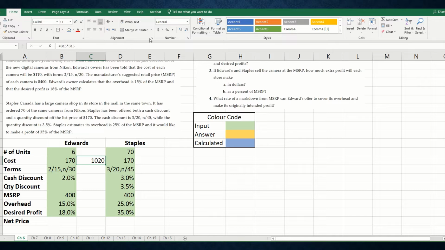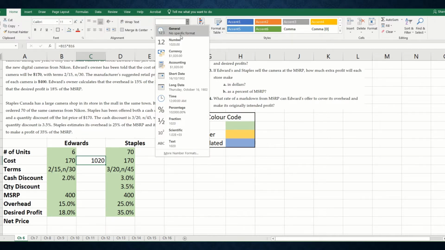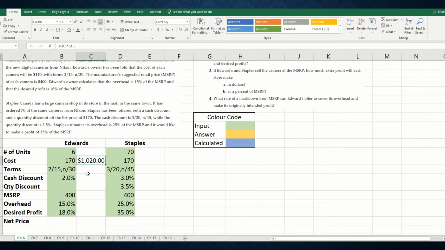And that one is going to be, I'll put it as $1 currency just because. And then in the Staples, it is the same thing. I could copy and paste that over if I like, or I can just do it again. So that equals our number of units times the cost of the units. Okay, so I have my values here.